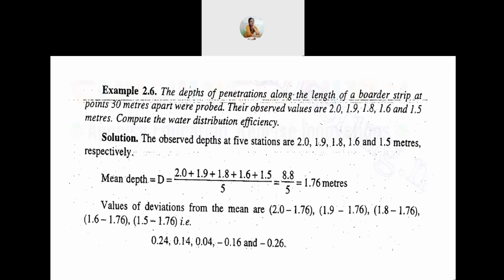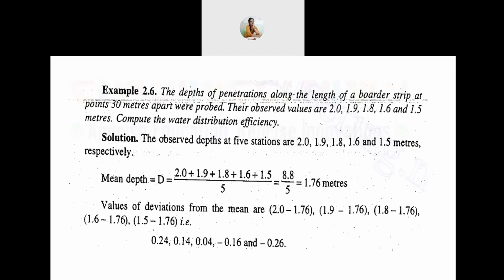So mean depth, that is capital D, is equal to 2.0 plus 1.9 plus 1.8 plus 1.6 plus 1.5 divided by 5. So the answer comes out to be 1.76 meters. Now the values of the deviations from the mean that we found are: 2.0, which is the observed depth, minus the mean depth, which is 1.76.